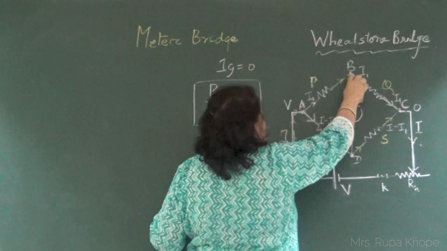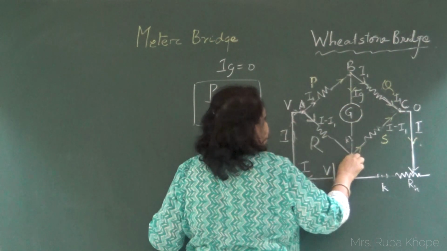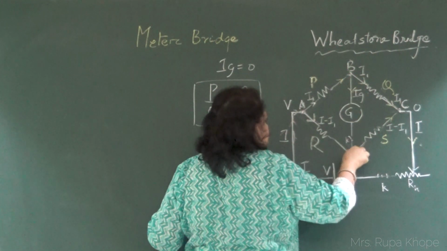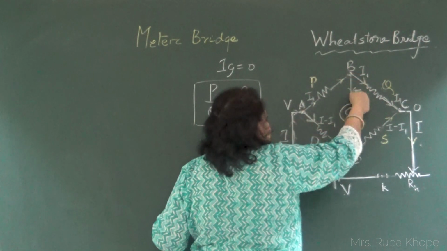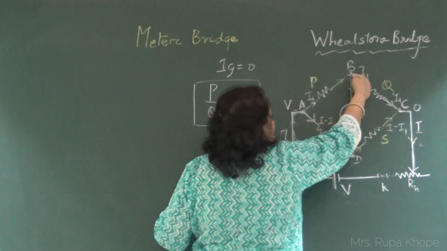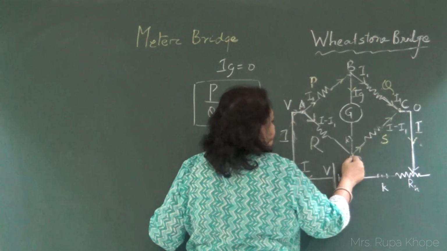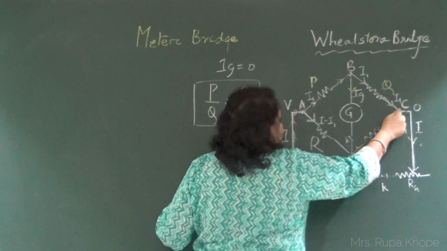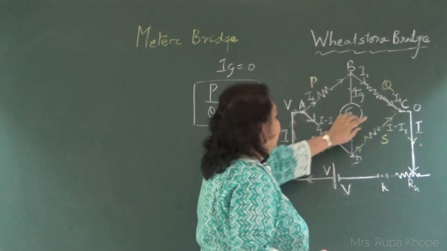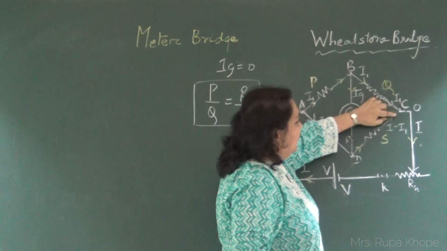You know very well that these two are at the same potential, so no current is flowing in this galvanometer. So no current will flow, meaning the whole current I1 will flow in the branch Q. The whole current I minus I1 will come here till this point C. Now look here, they will again get added up.